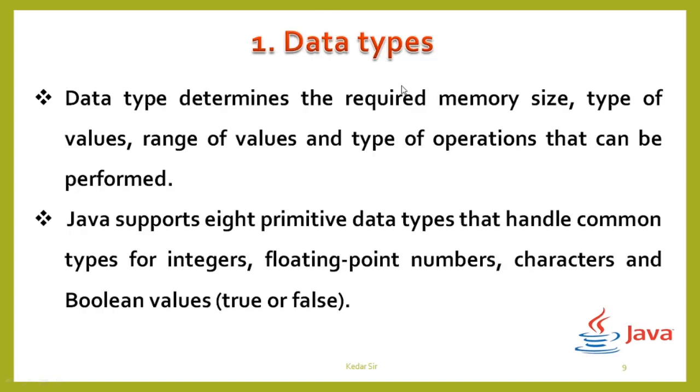It is the data types. Data types determine the required memory size, type of values, range of values and type of operations that can be performed. Java programming supports 8 primitive data types that handle the common types of integers, floating point numbers, characters and the boolean values true or false.